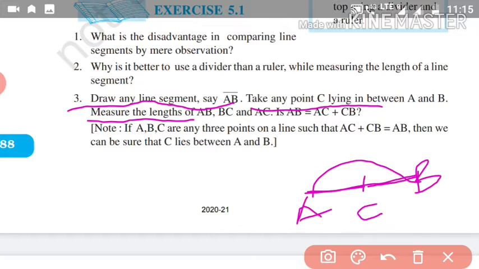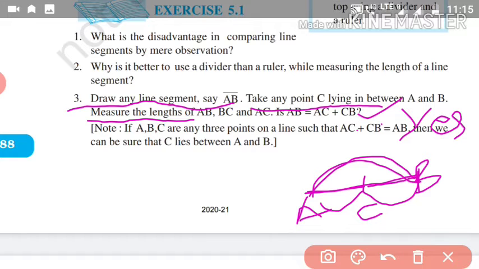Now is AB equal to AC plus CB? Is this whole AB equal to AC plus CB? Is it yes or no? Yes. Okay, question number 3 answer will be yes.